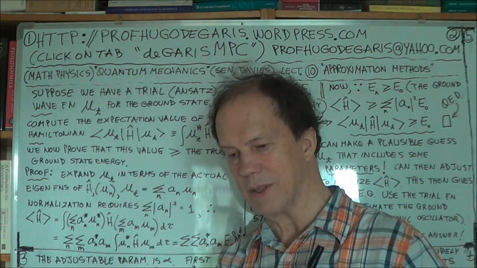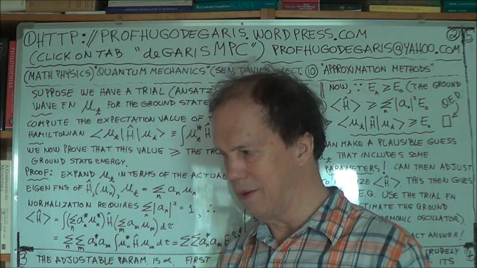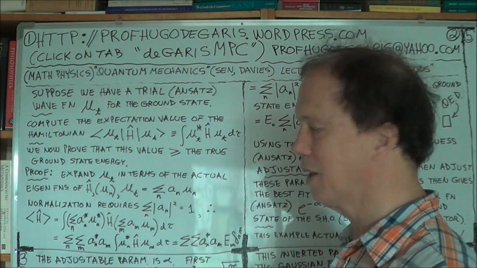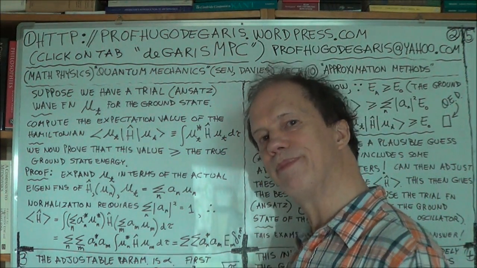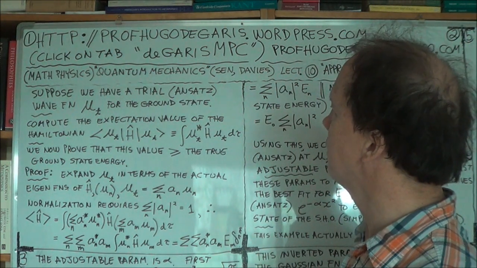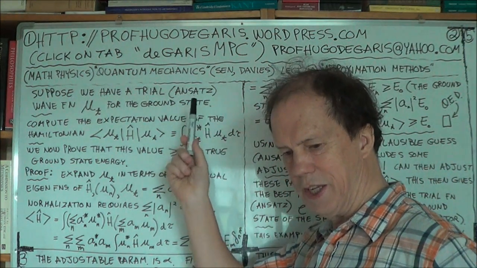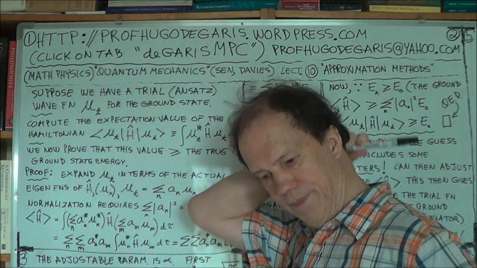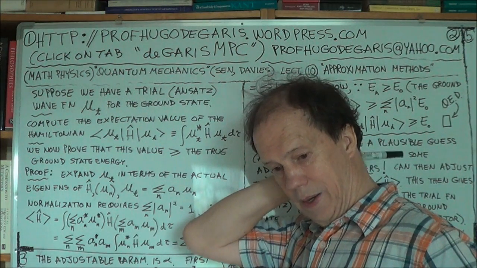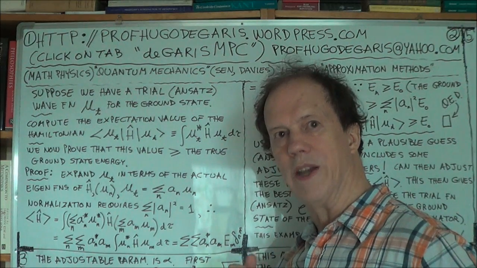Okay, so that's sort of the essence of the idea. And there's a little bit of math. There's one theorem, but it's pretty easy. So you guess. The essence of the technique is that you're guessing a possible ground state wave function.